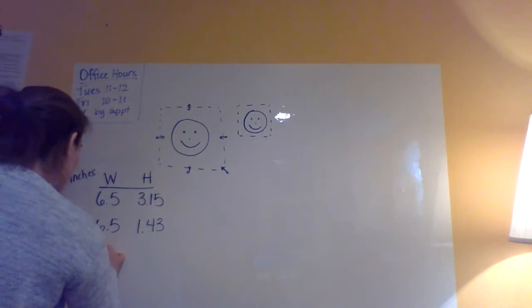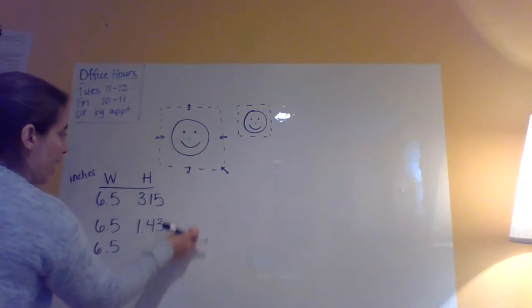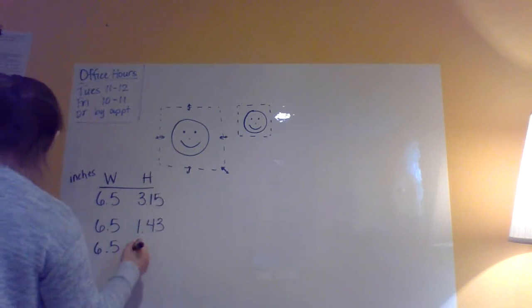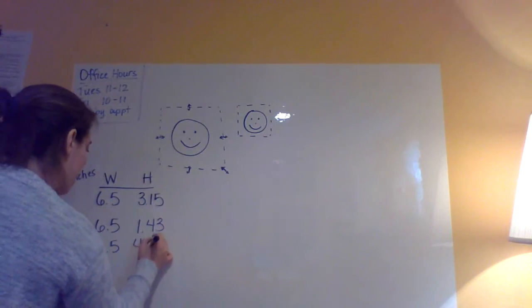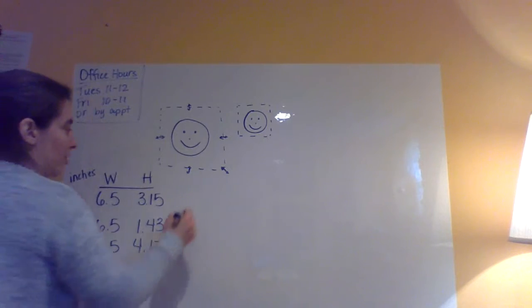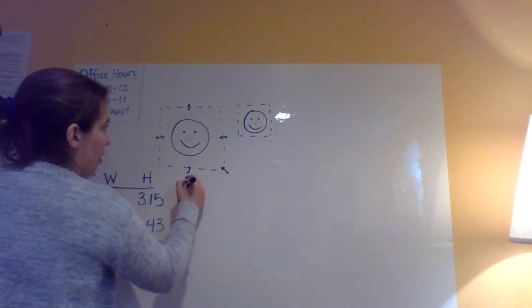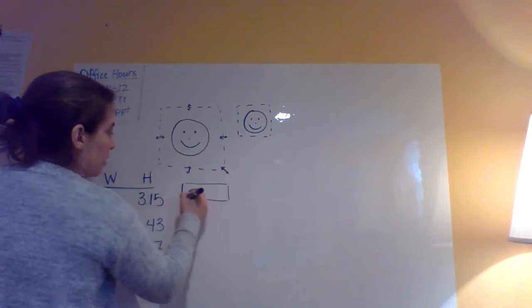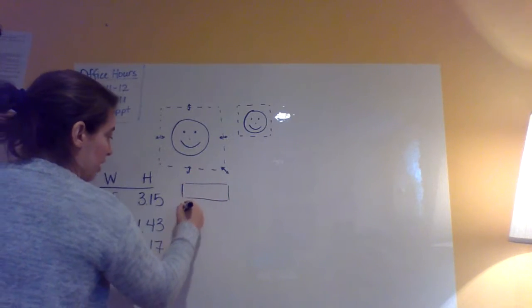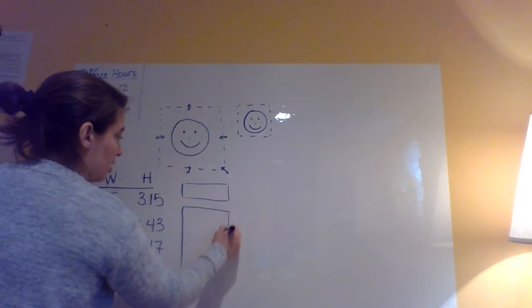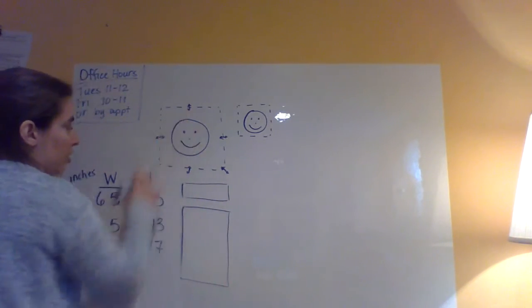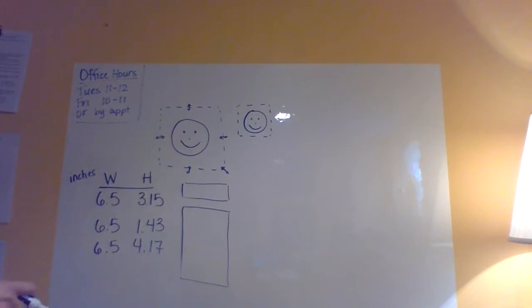And then I did the opposite. Now I pulled it down. So my width again stayed the same, but now my height was 4.17 inches. So again, think about the same width, but we go from having it very short, and then same width tall, and the original was where we started out. Okay.